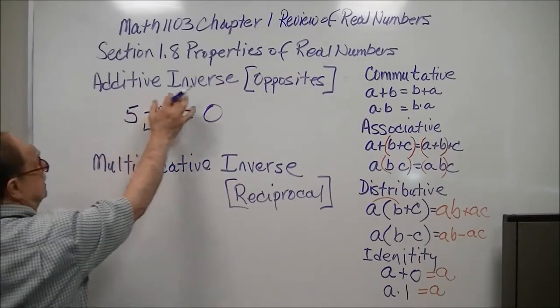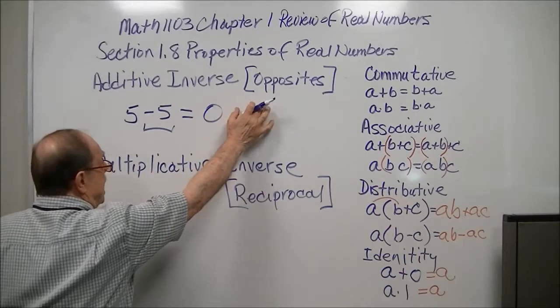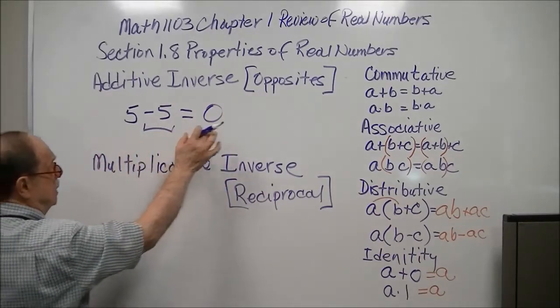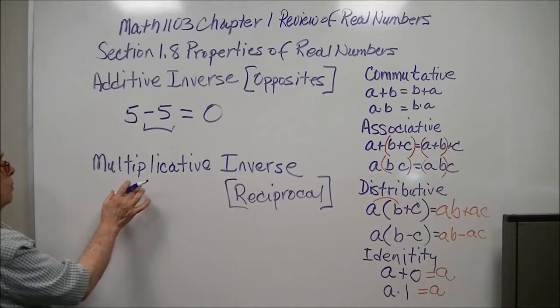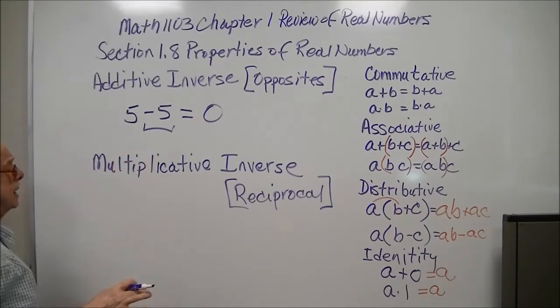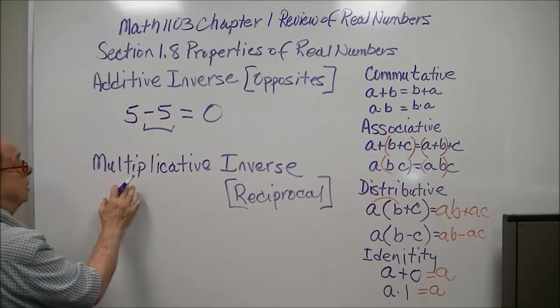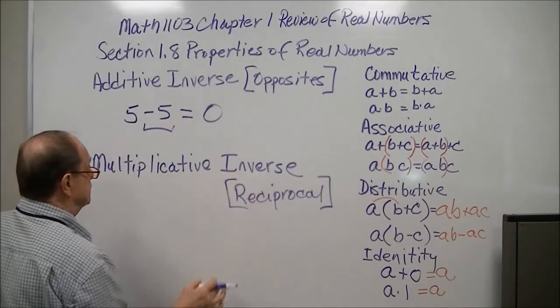So the additive inverse is the opposite of something that when we add it to the term, the sum then is 0.